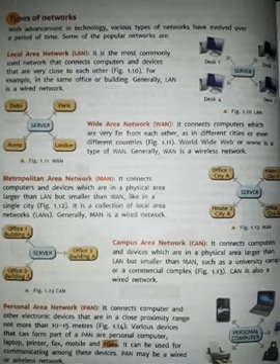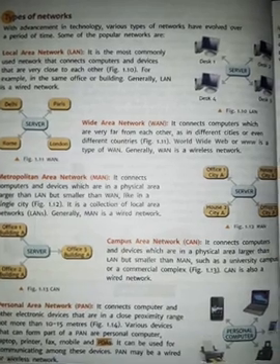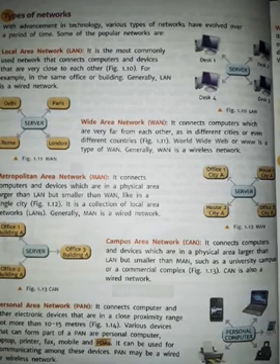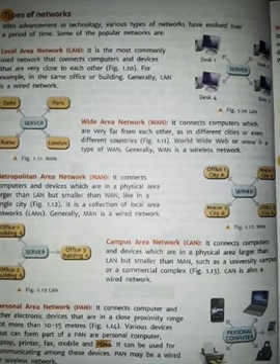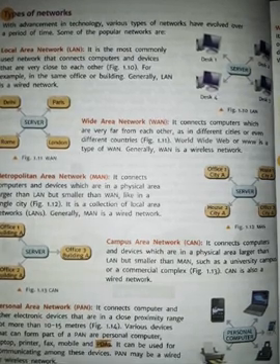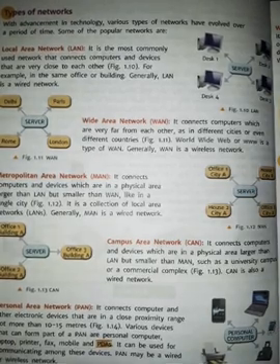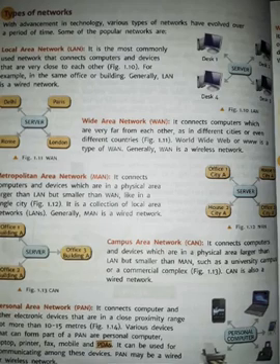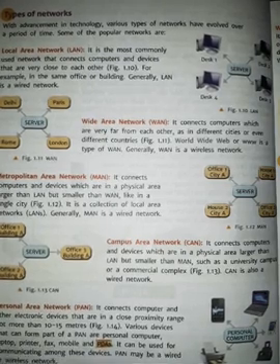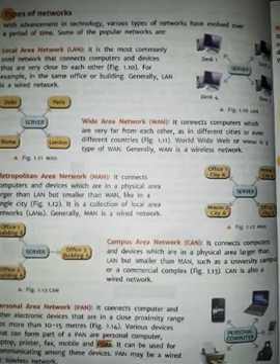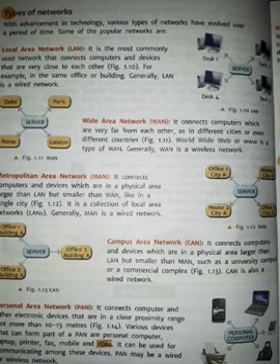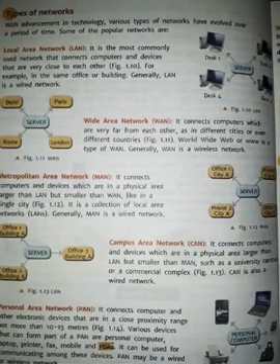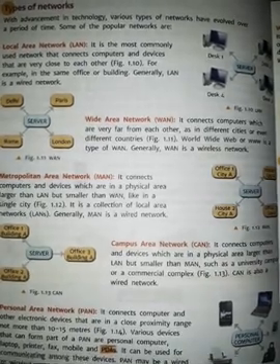But wide area network is the connection of computers which are very far from each other, in different cities or different countries. That is why it is called the world wide web. The WAN is generally considered wireless networking, because you can connect from anywhere.